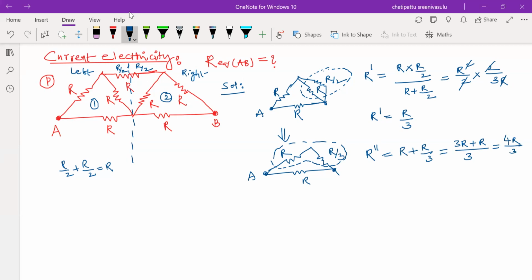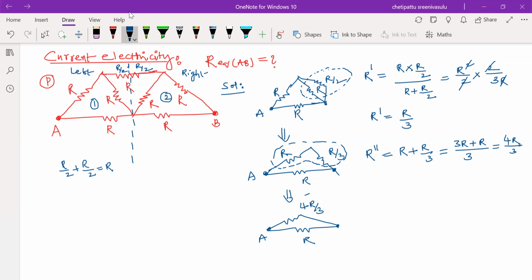Now this R and R by 3, you can rewrite, and the circuit will be modified as this R resistance, and instead of this R and R by 3, we can write another resistor, which will be 4R upon 3. This is point A and this is the midpoint.